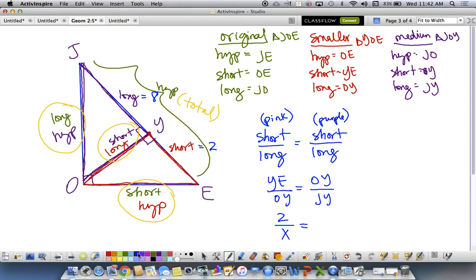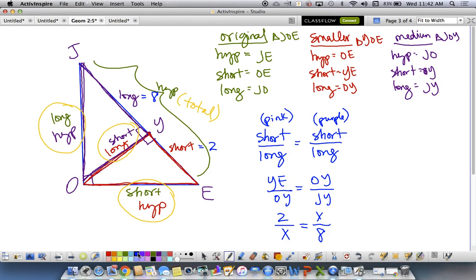Do we know OY, the short side, in the purple triangle? But is it the same length? OY and OY, they're the exact same length. Do we see something there? That's geometric mean. Do we know the long of the purple triangle? 8. Can we find X?